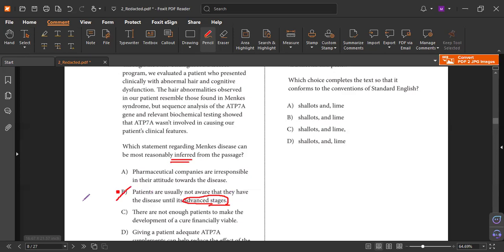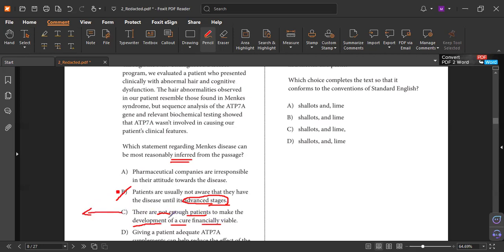Do you have a second answer? Now let me help. Look for letter C. There are not enough patients to make the development of a cure financially viable.